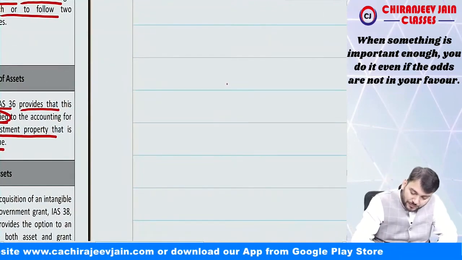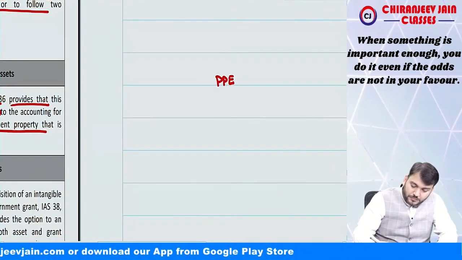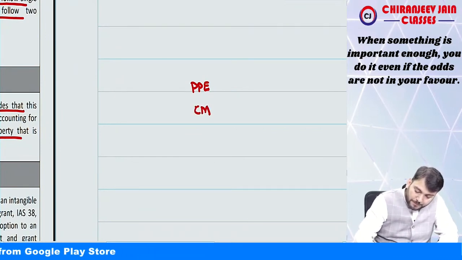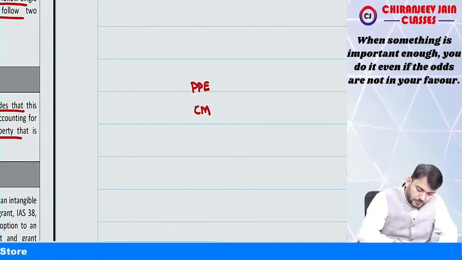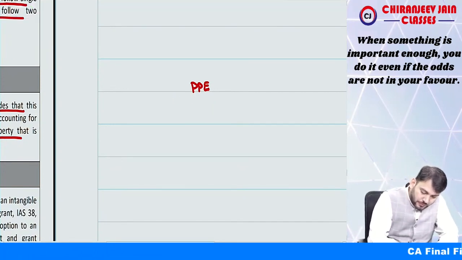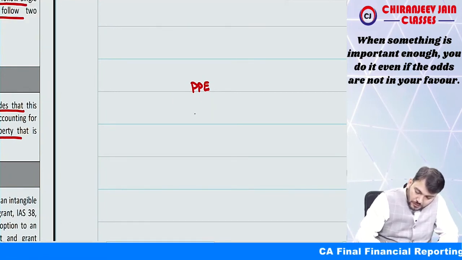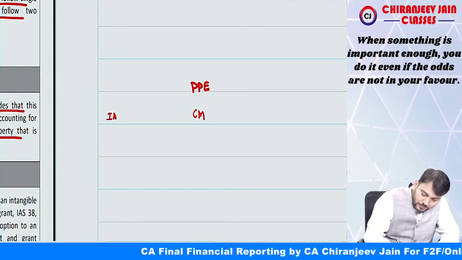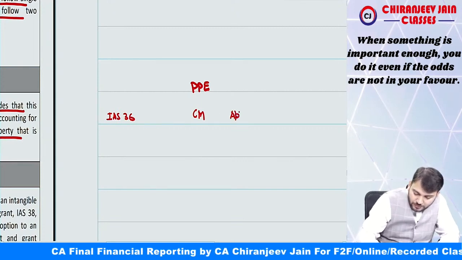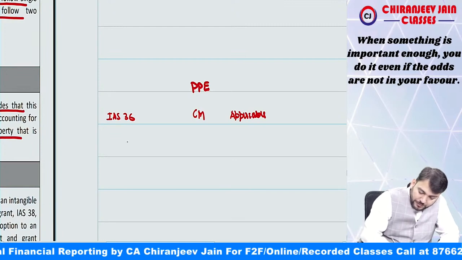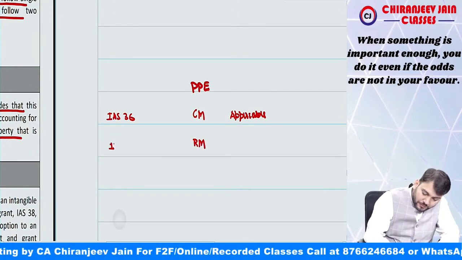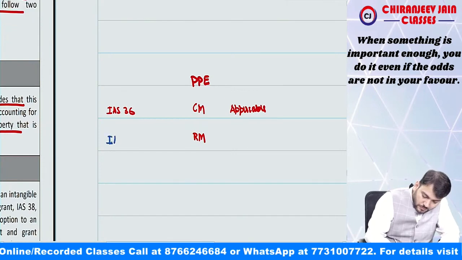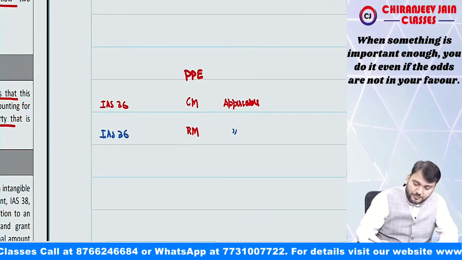Just try to understand the clarification. PPE, if cost model, IAS 36 applicable. Revaluation model, IAS 36 applicable.